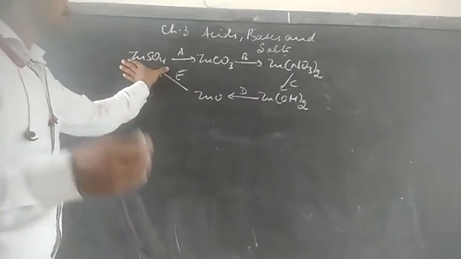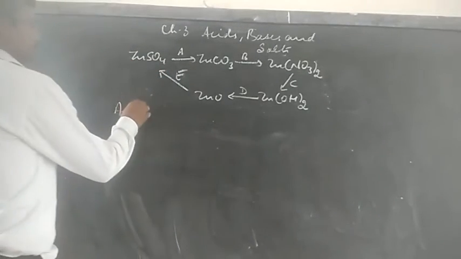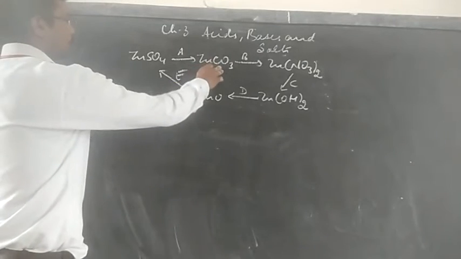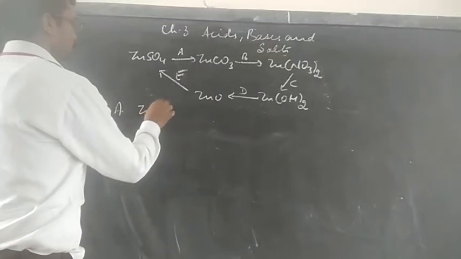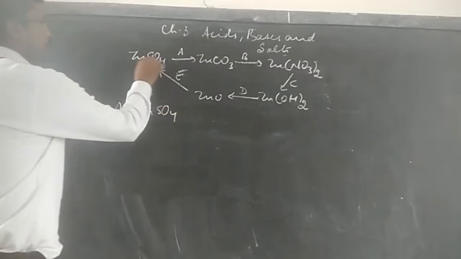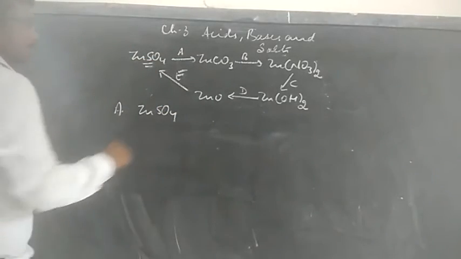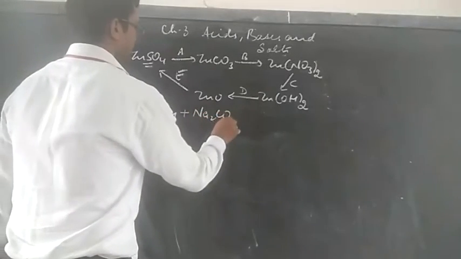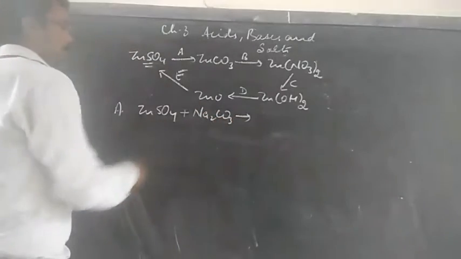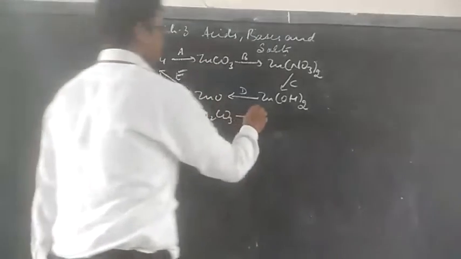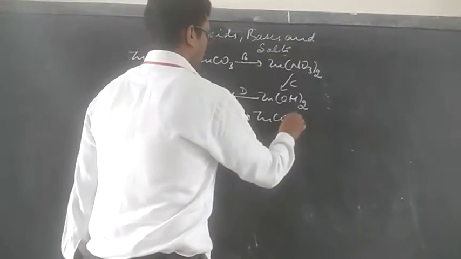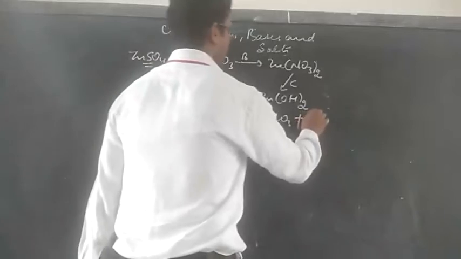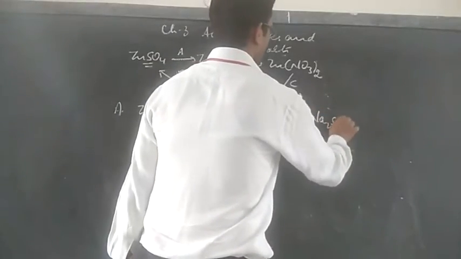We have already seen the method. To prepare an insoluble salt, we need two soluble salts, and one of them is already given, zinc sulfate. The other one can be sodium carbonate. Now these two will give zinc carbonate, and the other product will be Na2SO4.